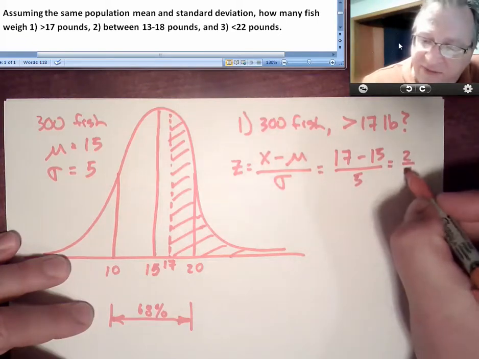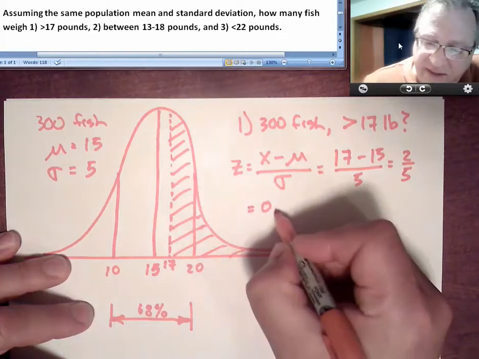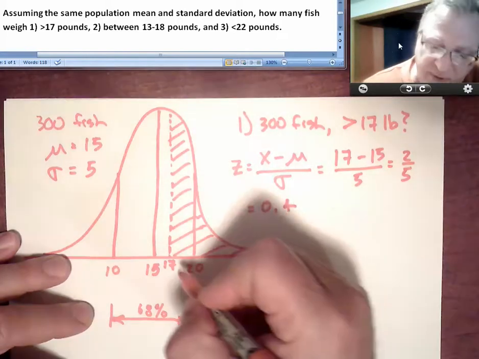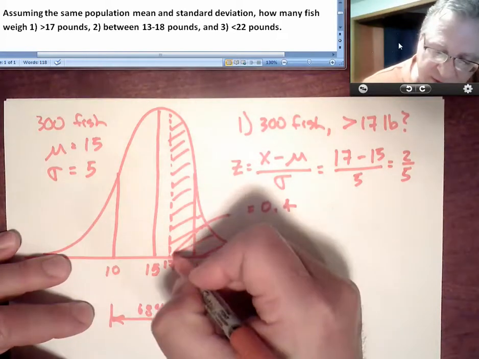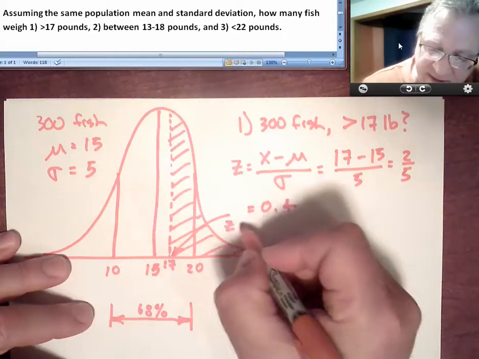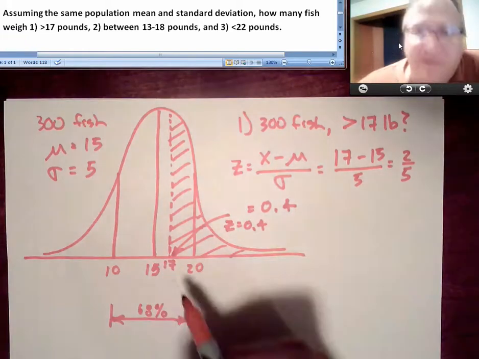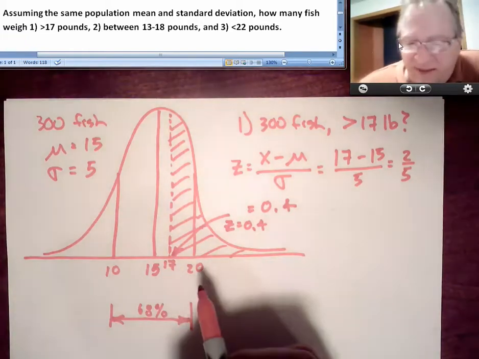That's 2/5. We find that z is equal to 0.4. So z is equal to 0.4 at that spot at 17.